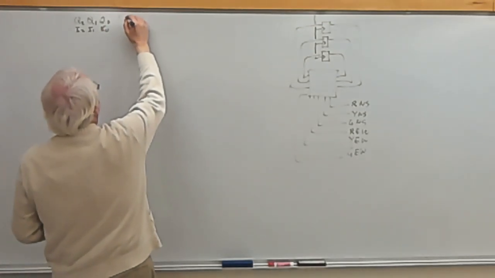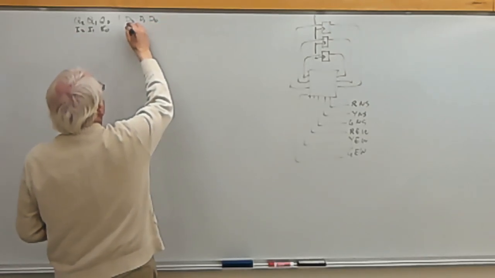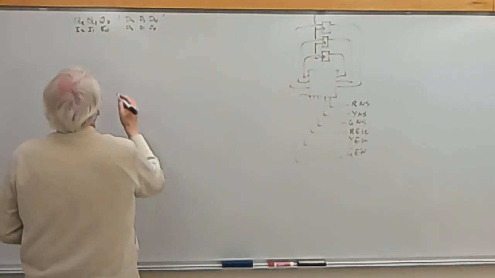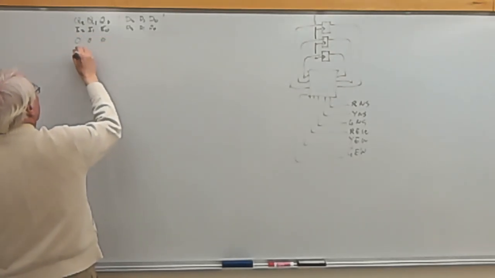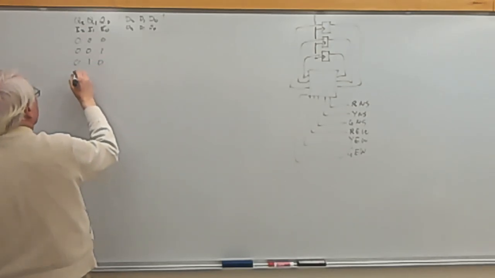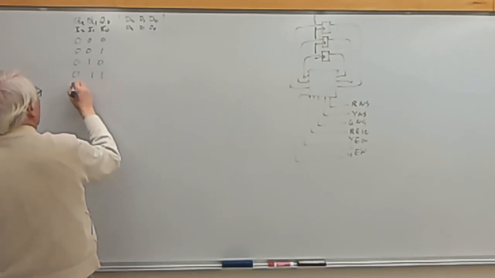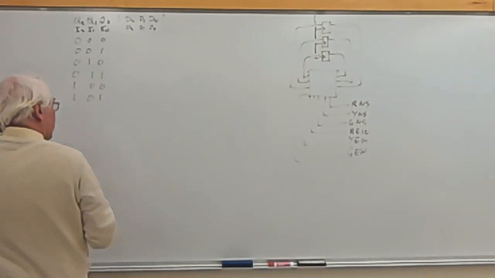I've got my outputs, D2, D1, D0, O2, O1, O0. I'm using the states 000, 001, 010, 011, 100, and 101.